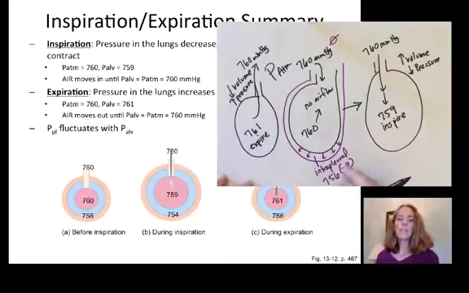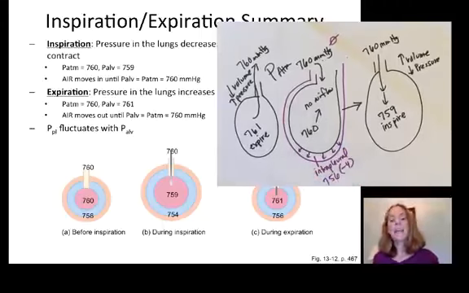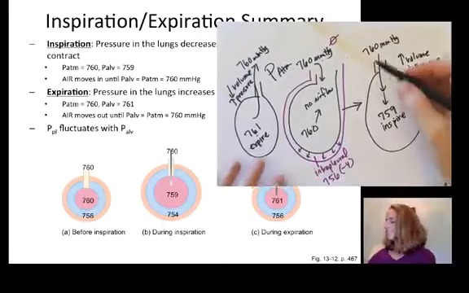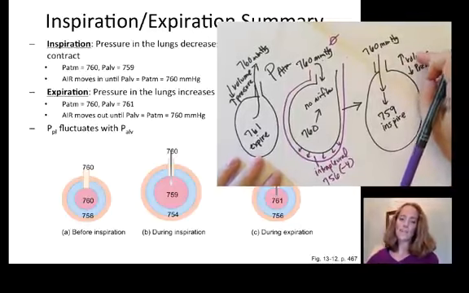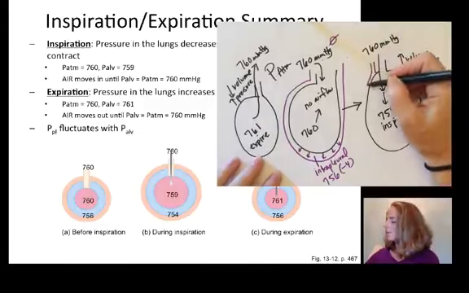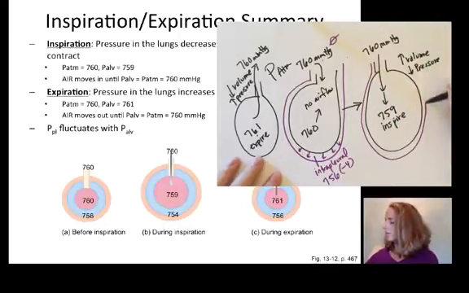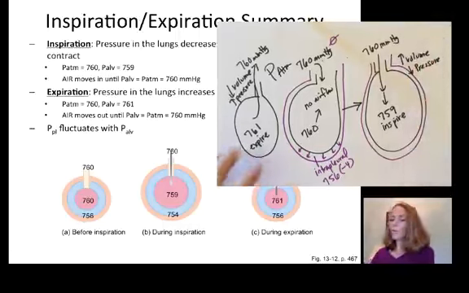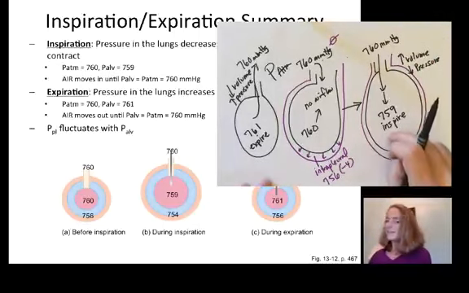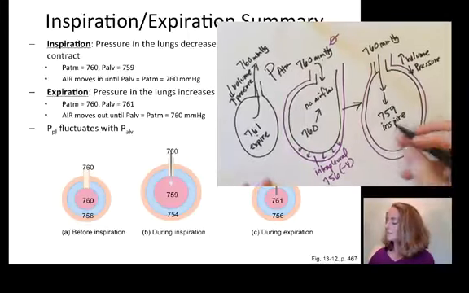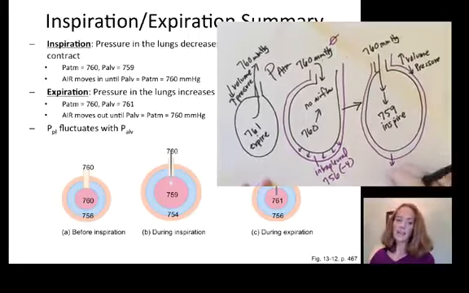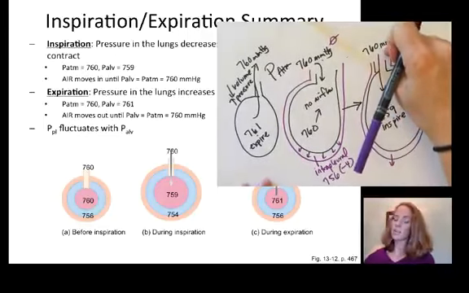If we then expand the chest cavity to open it up and increase the volume, that is going to lower the pressure inside the lungs, and we maintain an intrapleural pressure that is lower than the pressure outside.